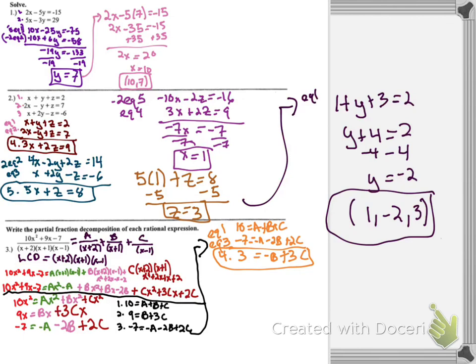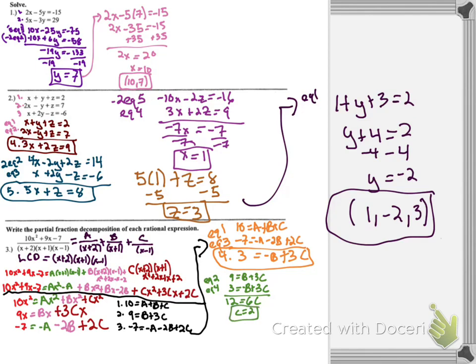So EQ2 and EQ4. EQ2 gives me 9 equals B plus 3C. And we have 3 equals negative B plus 3C, which gives me 12 equals 6C, C equals 2, since we divided that 6 over.